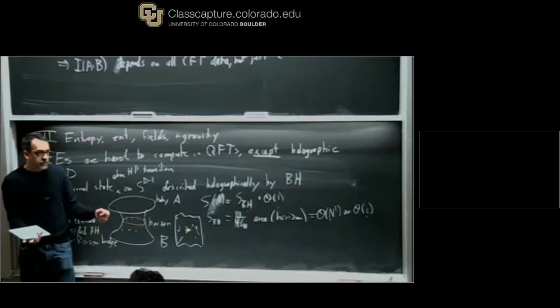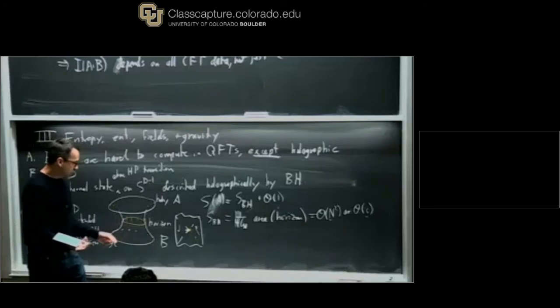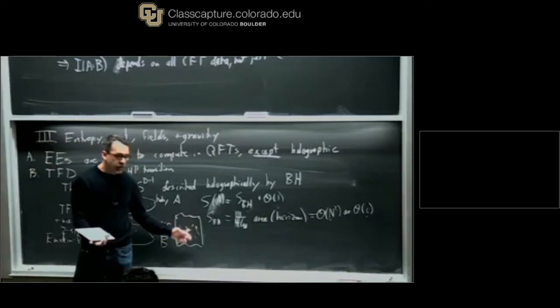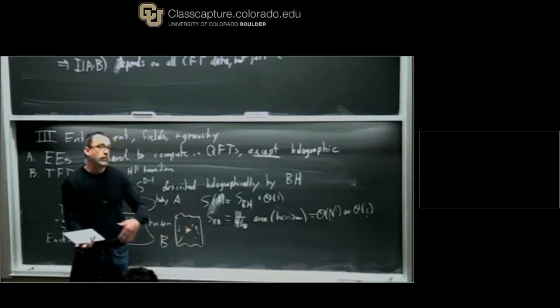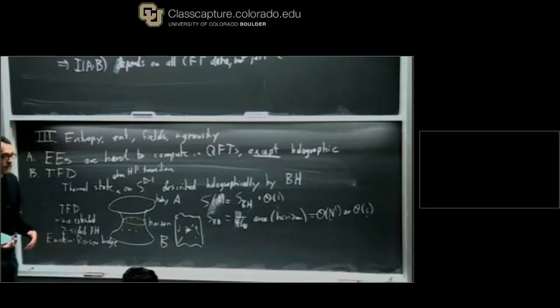Increase the temperature past the Hawking-Page transition, and now you have order N squared entanglement, and that is reflected in the geometry by the growth of this bridge which connects them. So the bridge seems to represent the entanglement, and not only did you acquire a bridge, you acquired these whole parts of the space-time that have no analogs below the Hawking-Page transition, where you have only order 1 amount of entanglement.